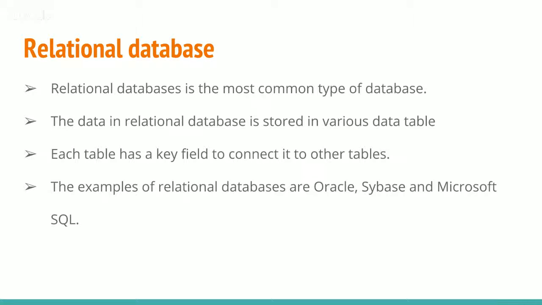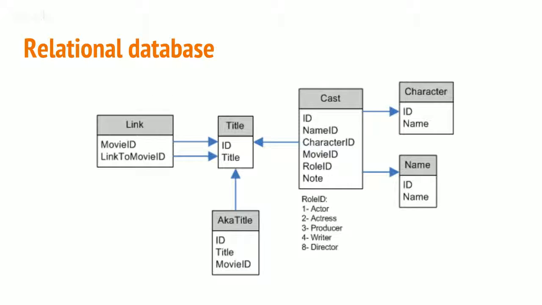The data in a relational database is stored in various data tables. Each table has a key field to connect it to other tables. Examples of relational databases are SQL-based systems and Microsoft SQL. In this picture, it is a relational database about a movie.